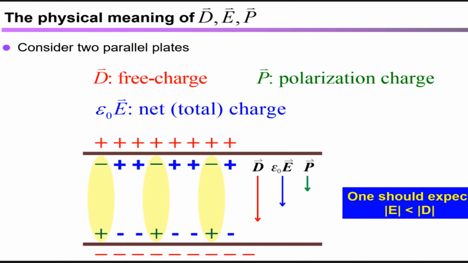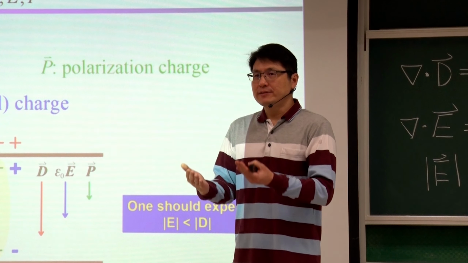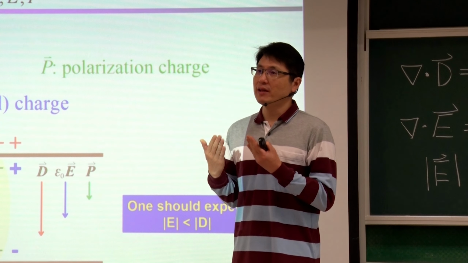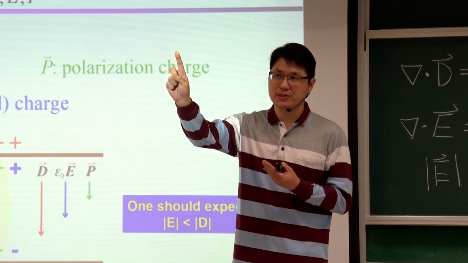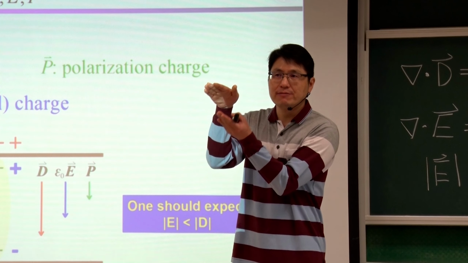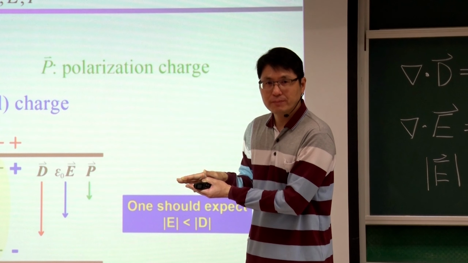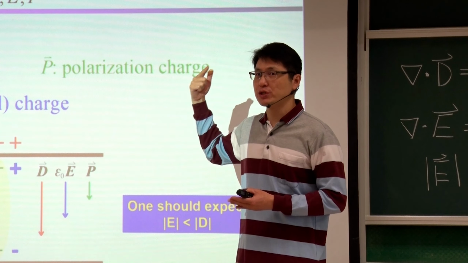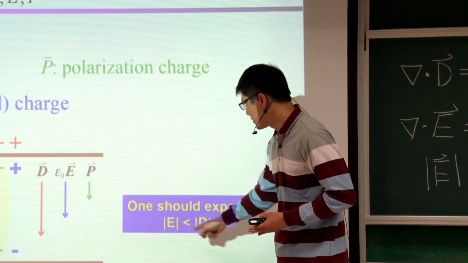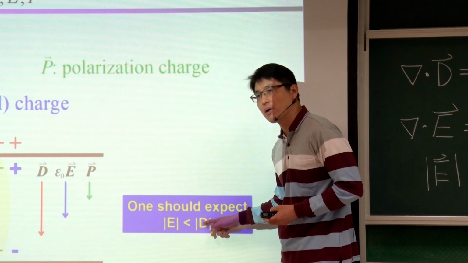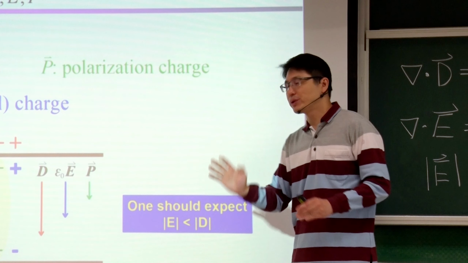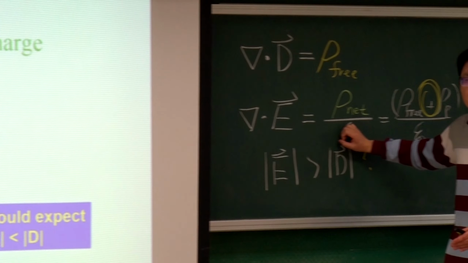So basically, try to remember and try to understand. I repeat, dielectric materials give rise to induced electric dipoles for only one purpose. They want to make the field strength inside the material weaker as compared to your externally applied field. So this E absolute value is smaller than D. Okay, we don't care about this constant for now.